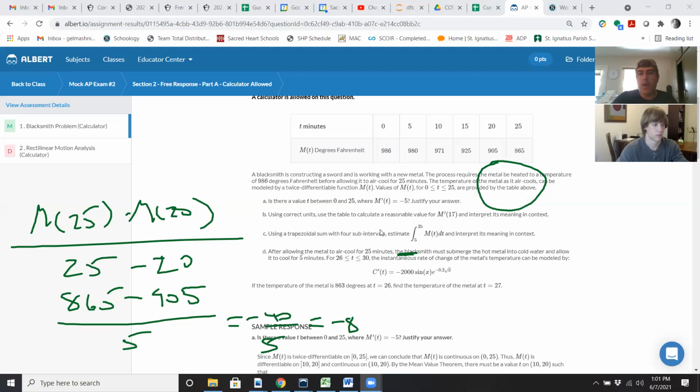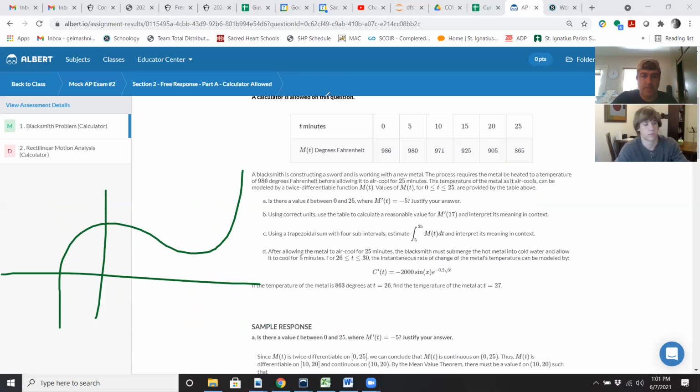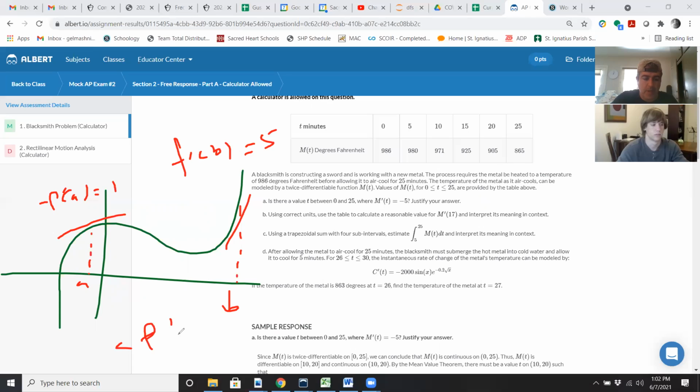IVT for derivatives just means this: if you have one derivative, let's say it's like that, and another one is like that, say f prime of a is like 1, and f prime of b is, say, like 5, then f prime of c has to be somewhere in between, between 1 and 5. That's what I was using. But anyway, let's keep moving here.